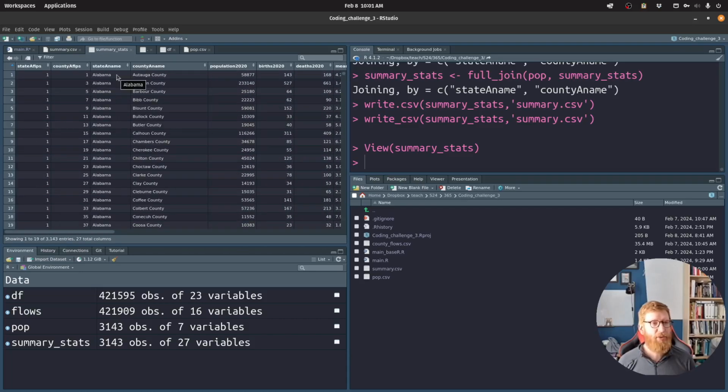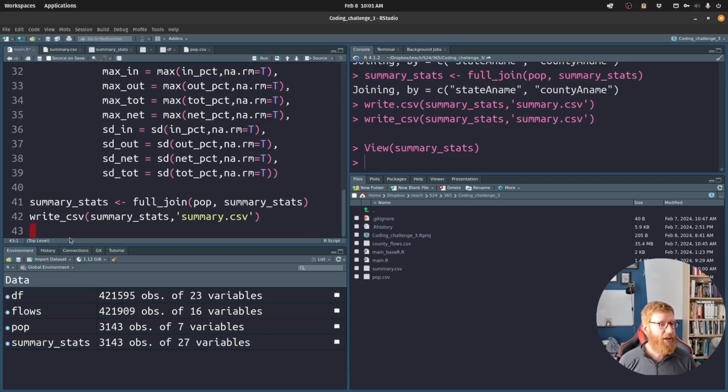A little bit more readable doing it in this order rather than the way I did before, where summary stats joined to pop with population on the end. So write_csv, we're taking this data frame that we just created, and we are writing it into a file called summary.csv, which is what we've got here. Now in practice, what you would do with something like this, well, this is 3,000 rows, so slightly different.